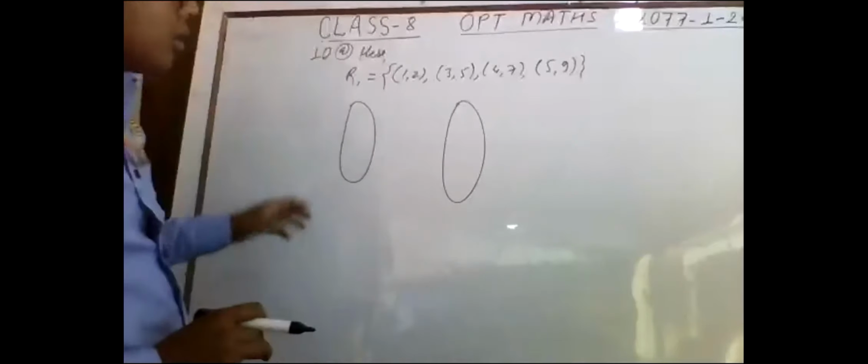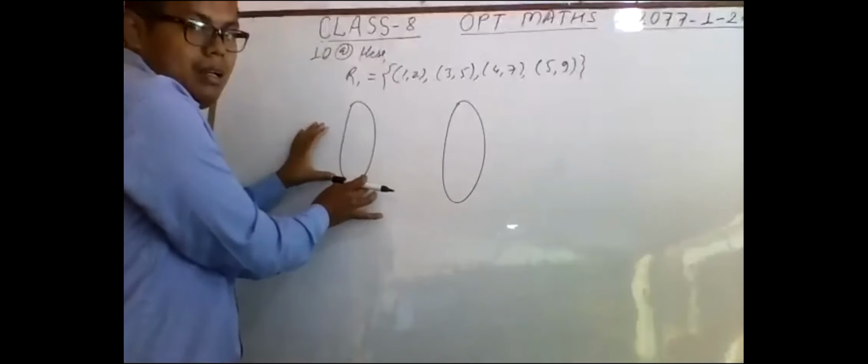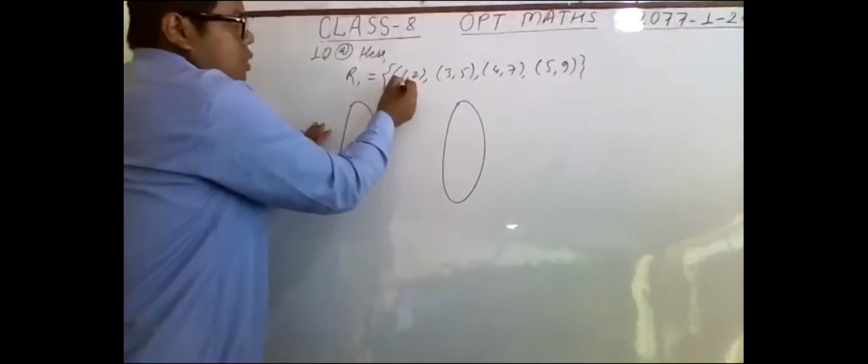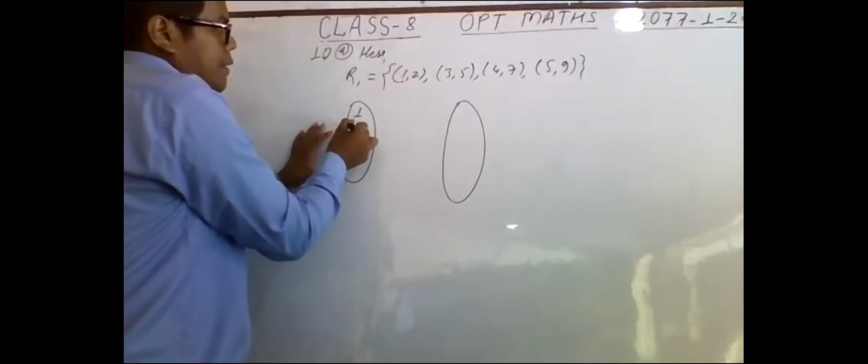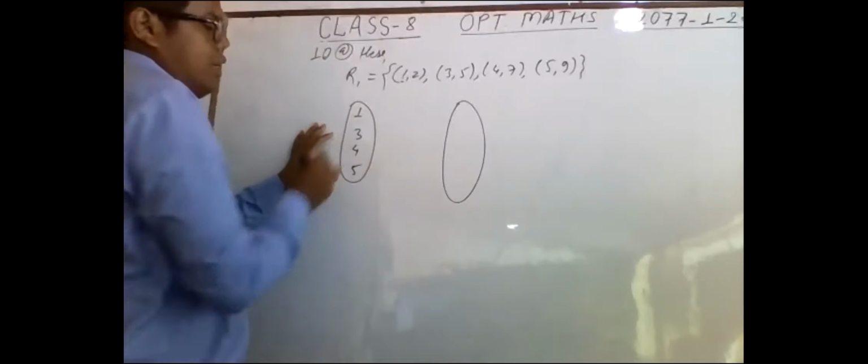We have to make two sets. First set, second set. Here are first set ma x component राखौ 1, 3, 4 and 5.